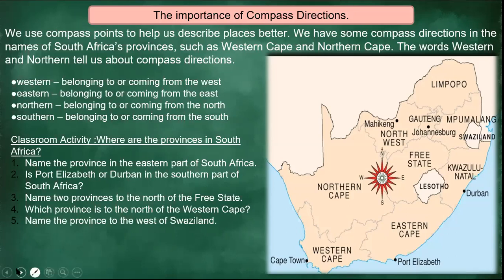Name the province to the west of Swaziland. The province that is in the west of Swaziland. Swaziland is not part of South Africa. You should remember that. It's a neighboring country. Zoe?